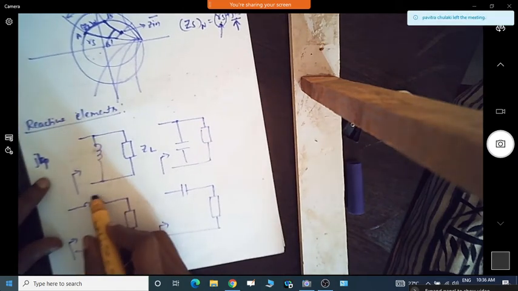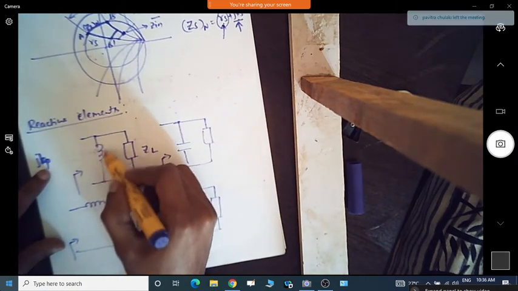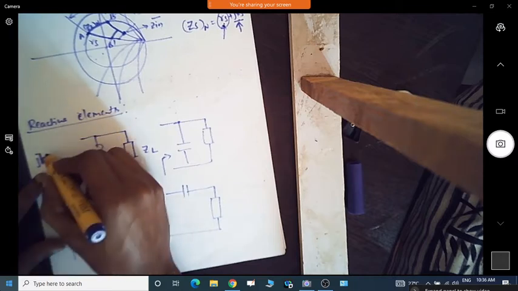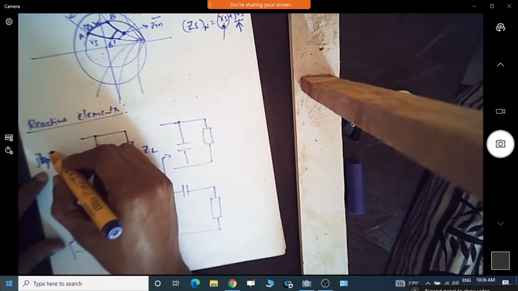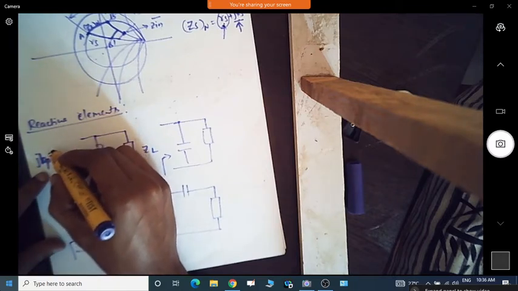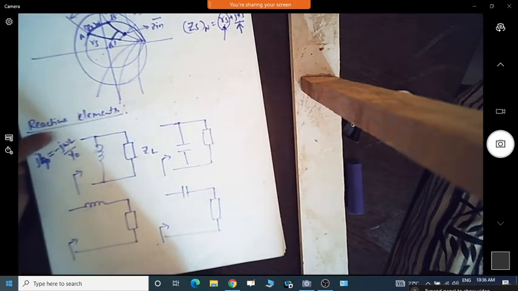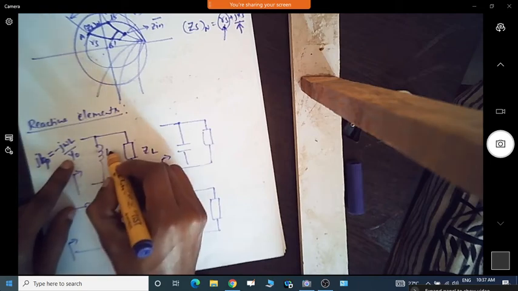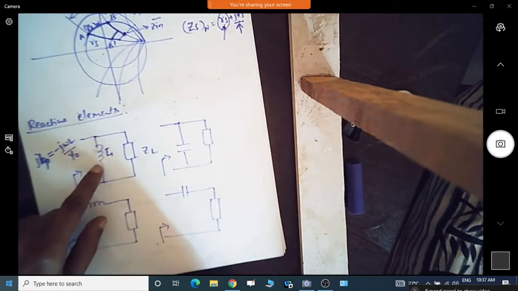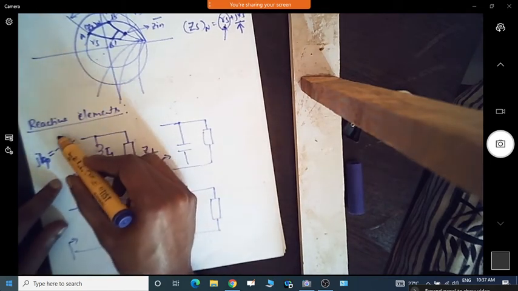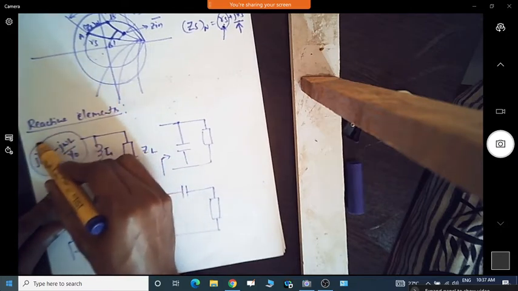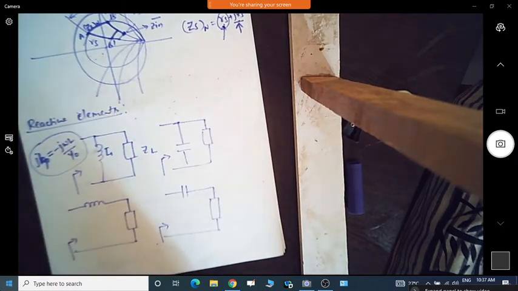If it is in series, it will be reactance. Whenever it is in parallel, it is susceptance, that is JBP, which is equal to minus J by omega L Y naught. This is the equation we have to use for a particular L. If the value of the inductor L is given, then we can find the susceptance value using this equation.